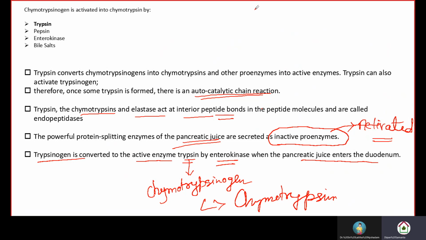So overall, pancreatic juice enters the duodenum.